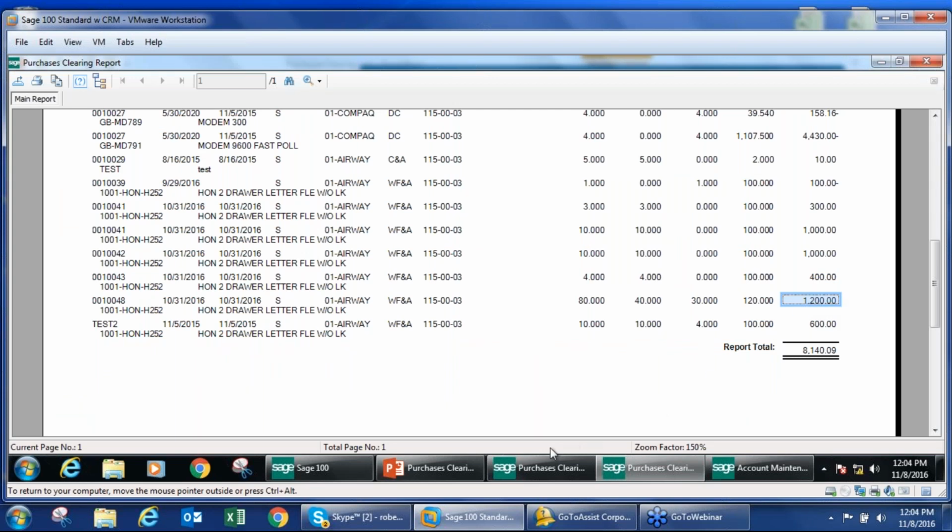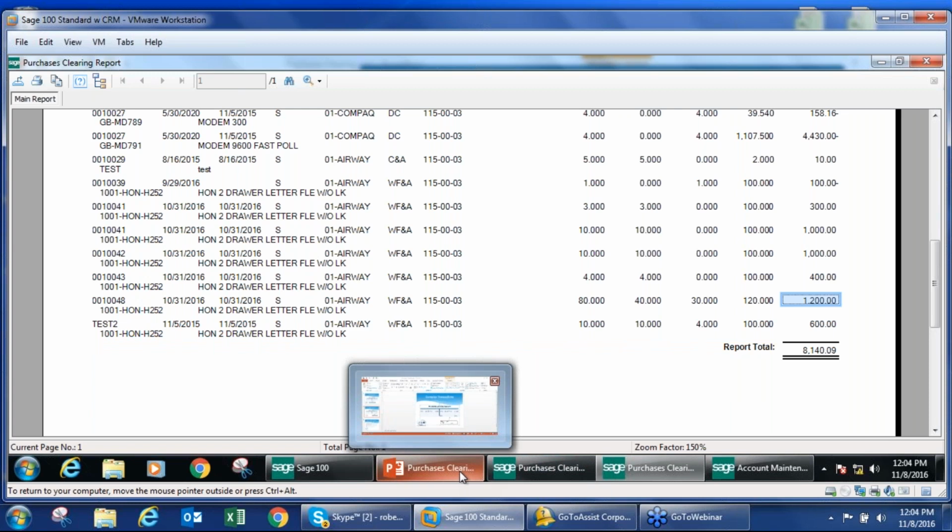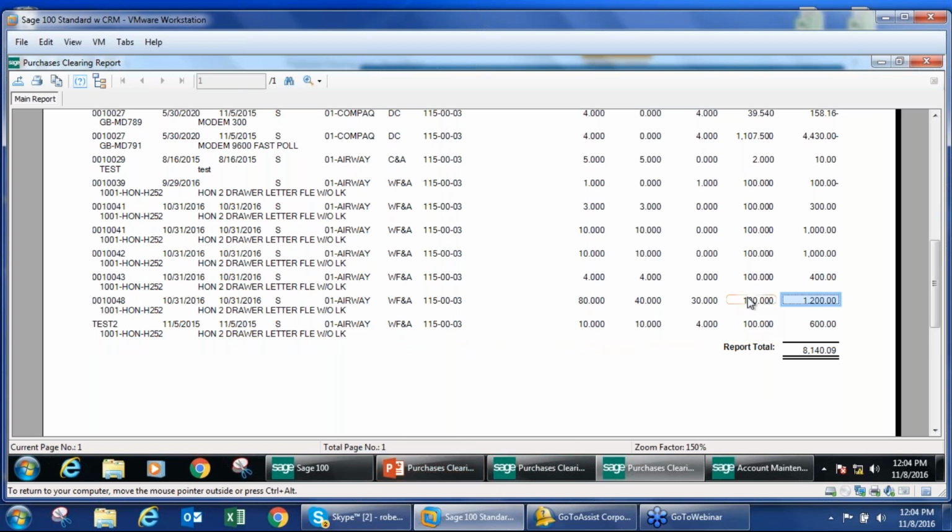Okay, so when we have a situation where we are changing prices and we're not completing the line so that the line is removed and we don't have a variance, we really have an issue in the system.